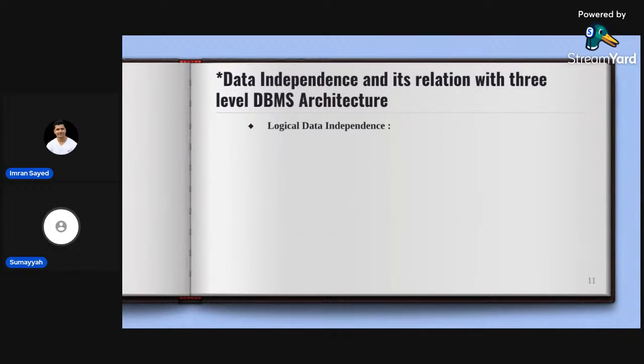Logical data independence is between the conceptual level and the external level. Correct. So any change in the schema at the conceptual level should not affect the schema at the external or view level. Right.